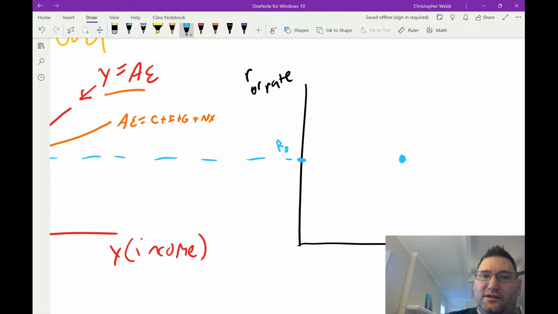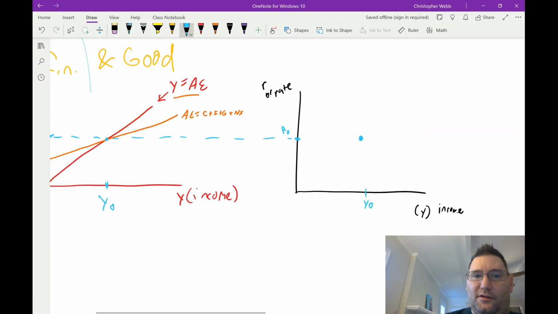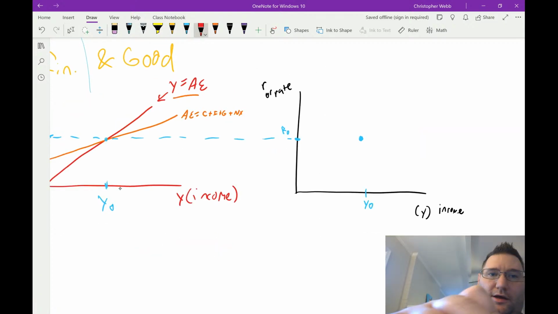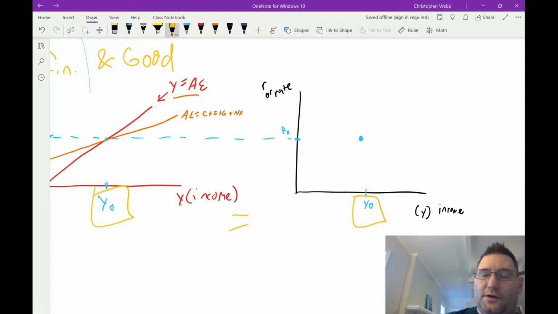And we also know that it's going to be over here somewhere, and it's going to turn into Y0. Because these two here, if we span out a little bit, let's do gold, we know that Y0 here and Y0 here are equal. So if the Fed says we are going to increase rates, they are going to shift this R0 upward.